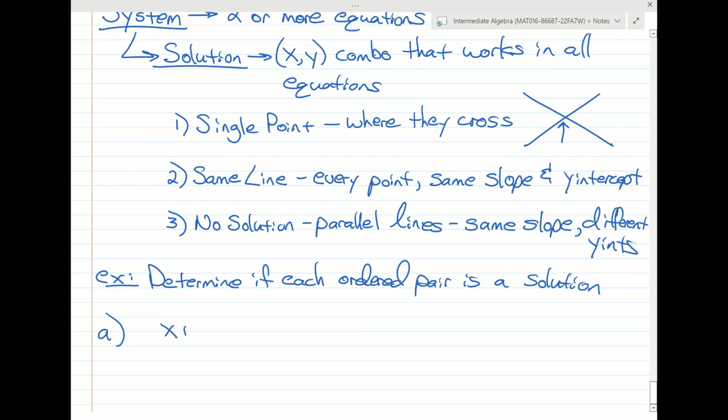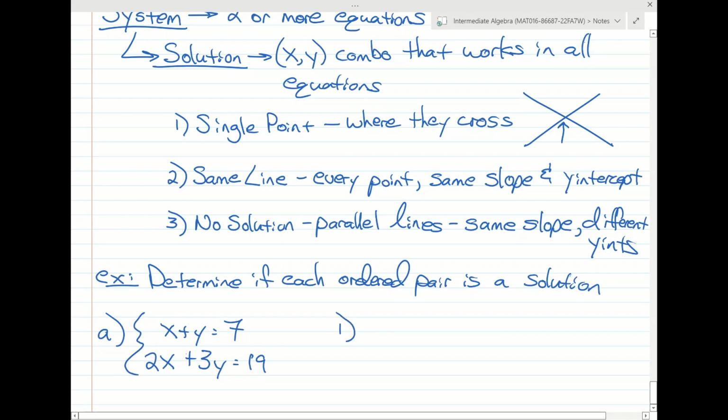First system is x plus y equals 7, and then we have 2x plus 3y equals 19. We're going to check to see if (1,6) is a solution, and we're going to check to see if (2,5) is a solution.